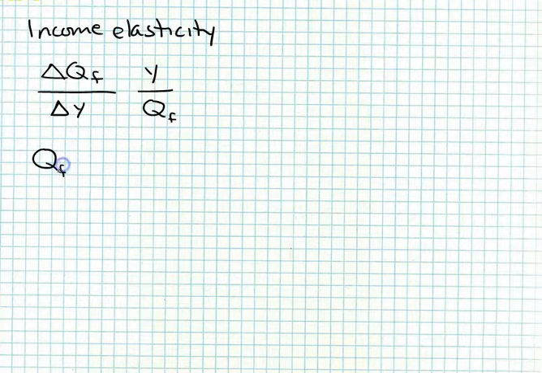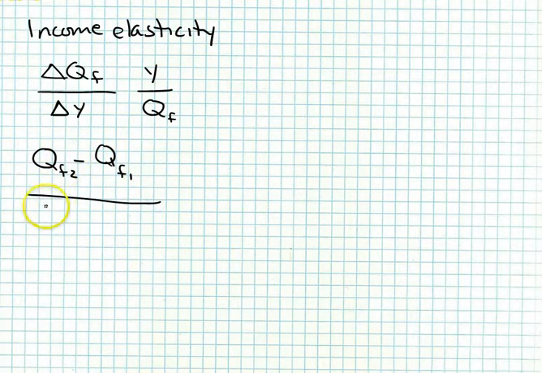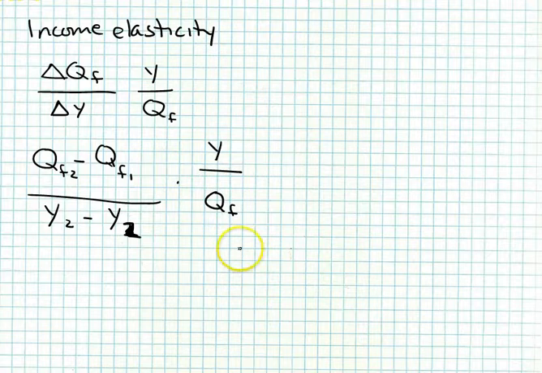So we'll subtract the quantity in time period 1 from the quantity in time period 2, and look at income in time period 2 minus income in time period 1, again multiplied by income over the quantity of food.